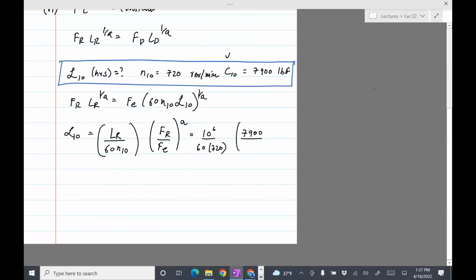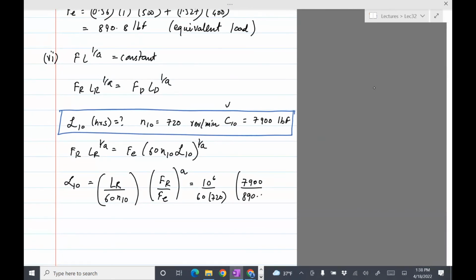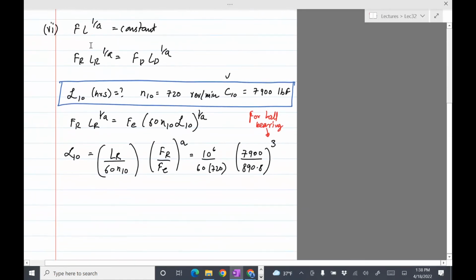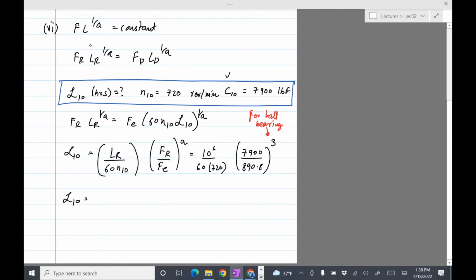FE is something we computed. It's 890.8. And then A is 3 for ball bearing. Okay, so then just crunching numbers, the L10 life is 16145.7. Okay, that's it.